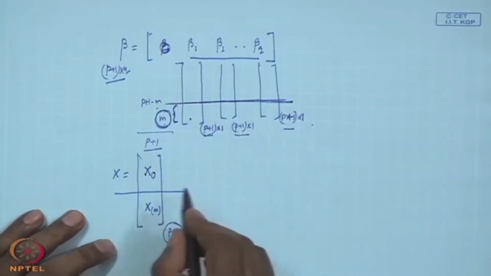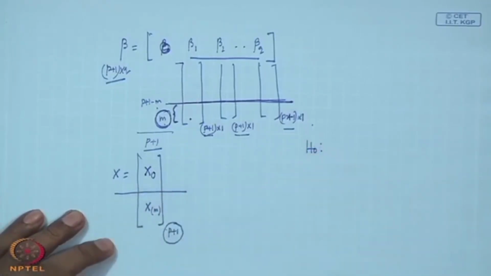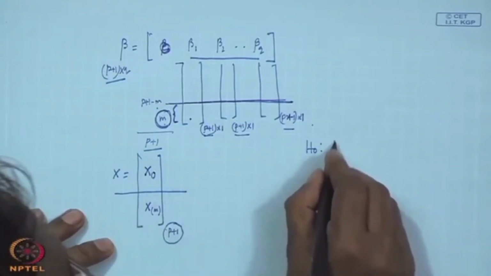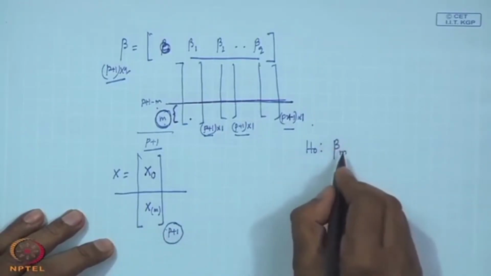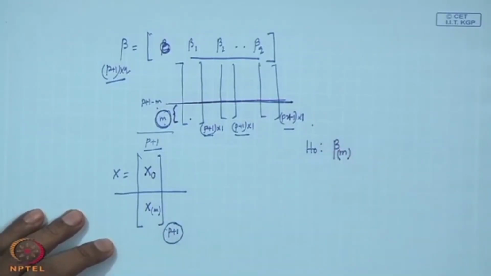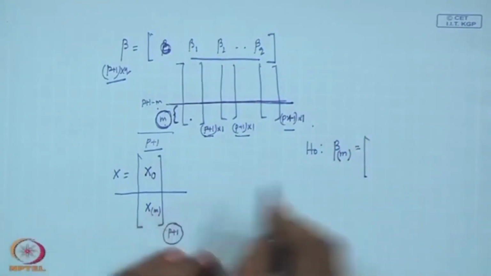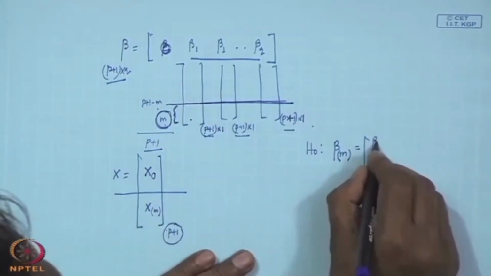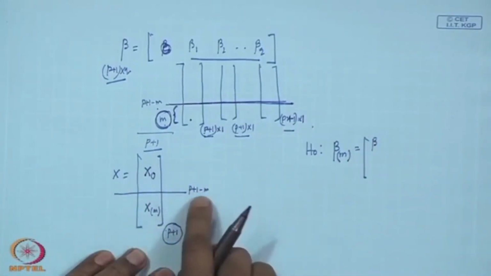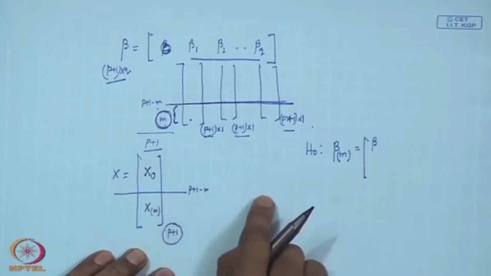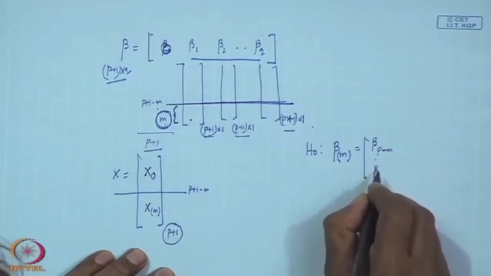Under H0, the null hypothesis, we are saying that beta m, getting me? We are basically trying to say beta m, which is beta from P plus 1 minus m, so P minus m plus 1, to beta p.